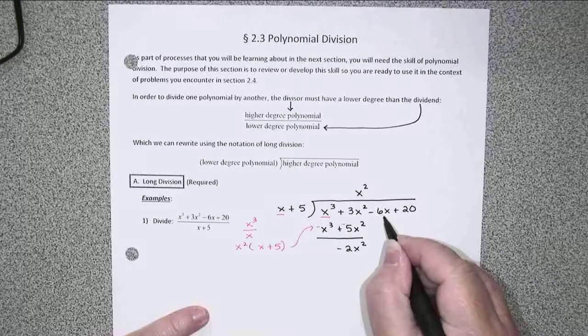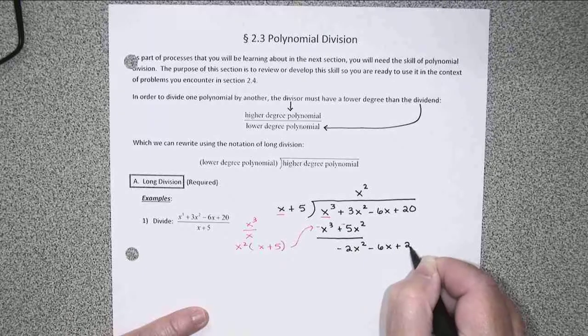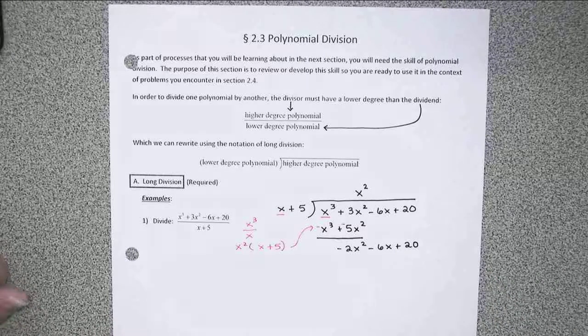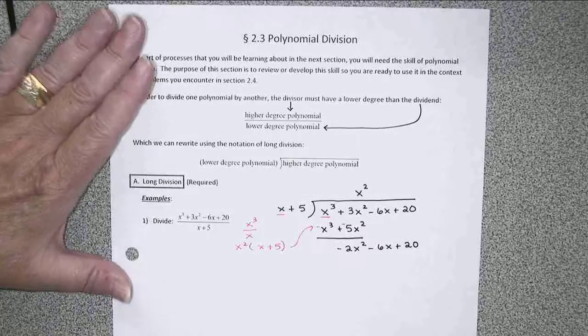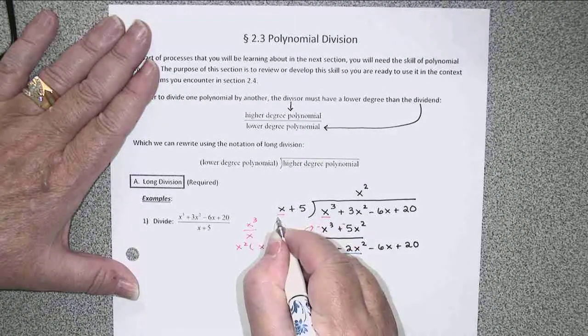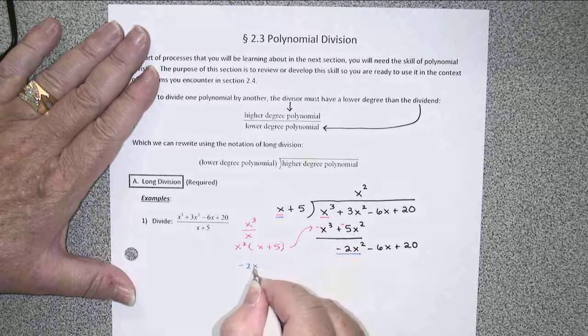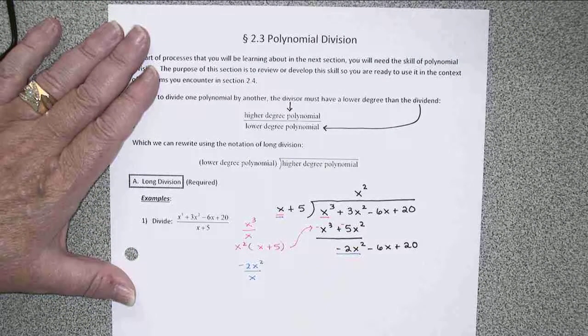We're not done, though. We have more terms. So I'm going to bring down the rest of the terms, negative 6x plus 20. And then I'm just going to do this all over again. I'm going to start by saying take negative 2x squared and divide it by x. When I divide, I'll get negative 2x to the first.